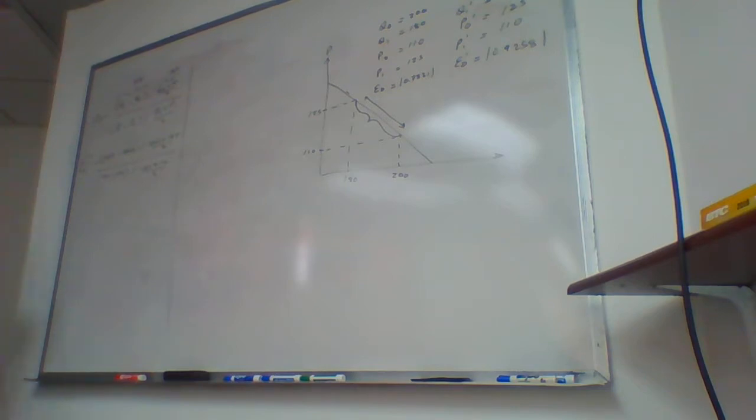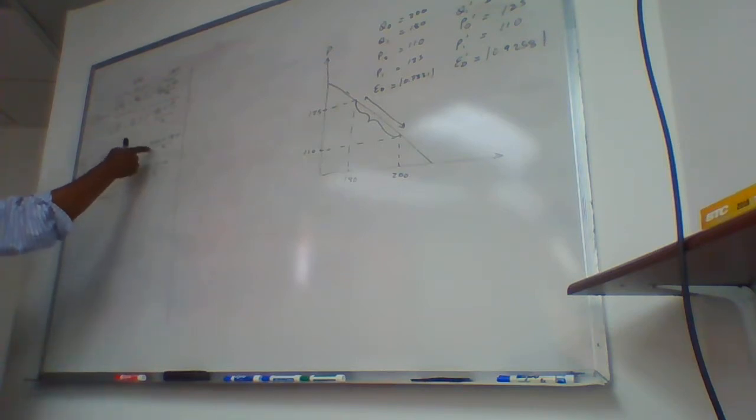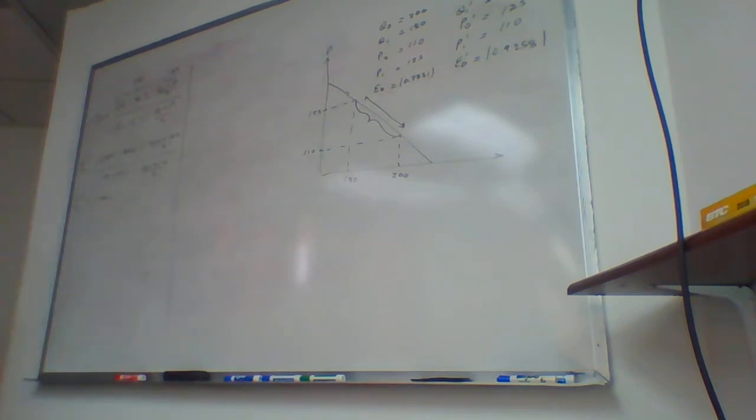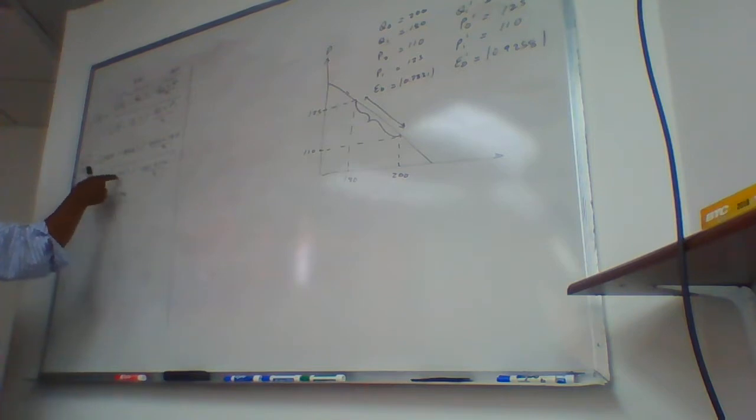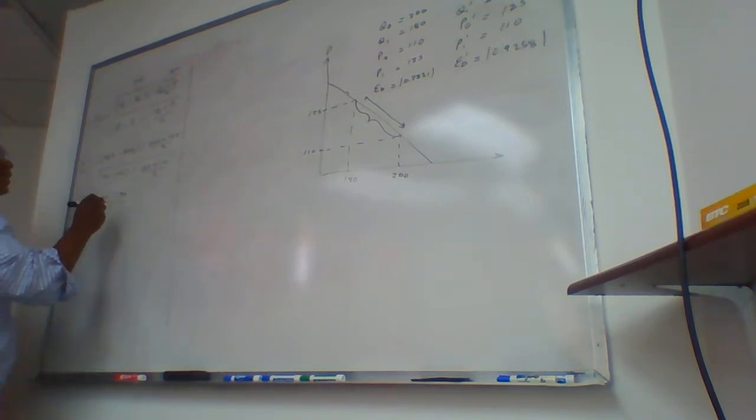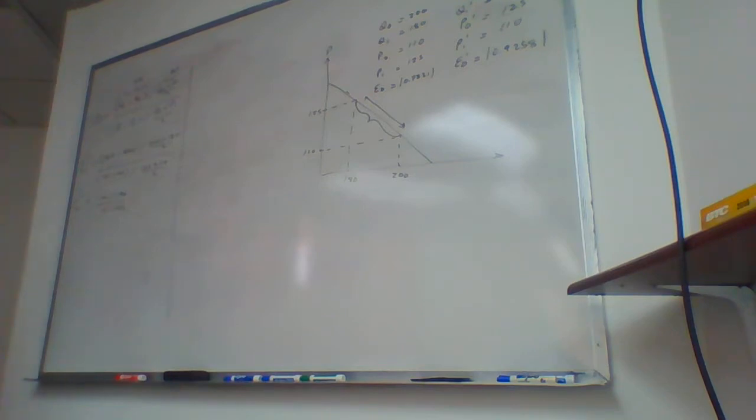Hopefully I left enough space. All right, so 180 minus 200 is minus 20, divided by 200 plus 180 is 380, over 2 is 190. 110 minus 125 is 15. 125 plus 110 is 235. 235 divided by 2 is what, 117.5? 117.5.